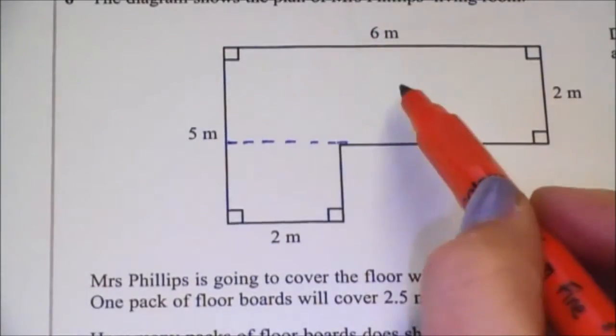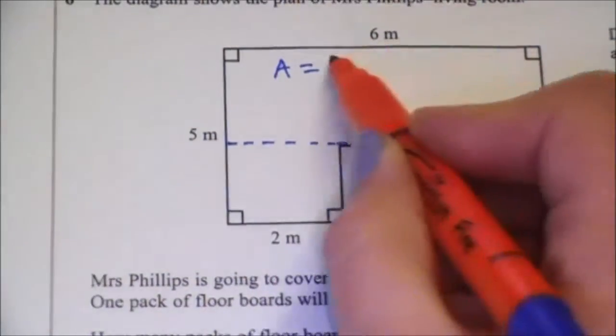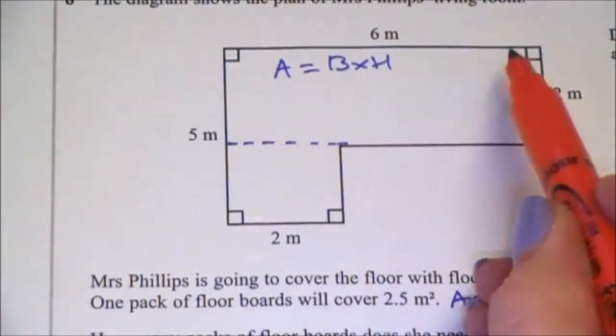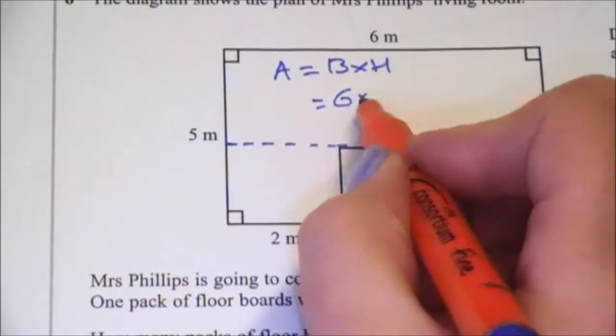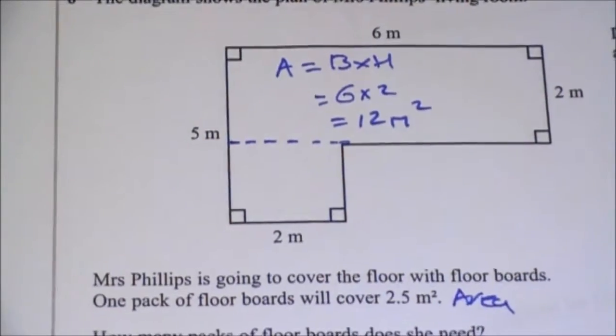So I'm going to start with this square. What's the area of this square? Well, area of a rectangle is base times height. And I can see that this is 6 wide and 2 across. So it's 6 times 2, which equals 12 meters squared.